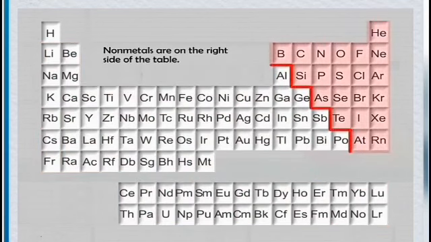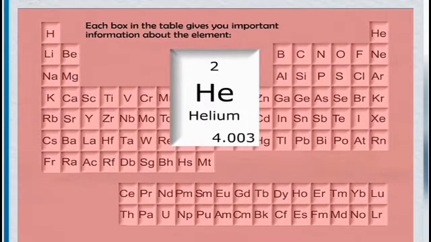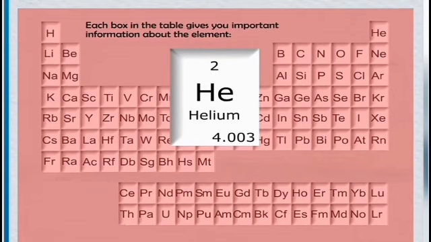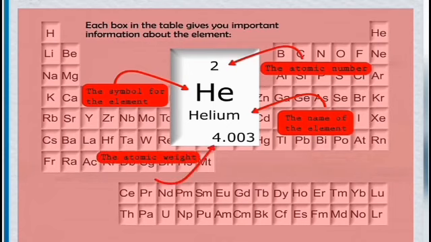Non-metals are on the right side of the table. A step-like line separates them. Each box in the table gives you important information about the element. The symbol for the element. The name of the element. The atomic number. The atomic weight.